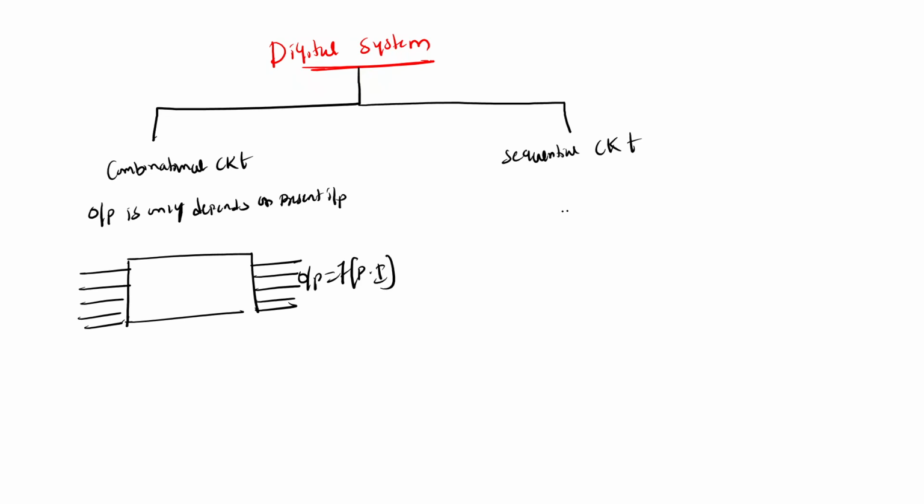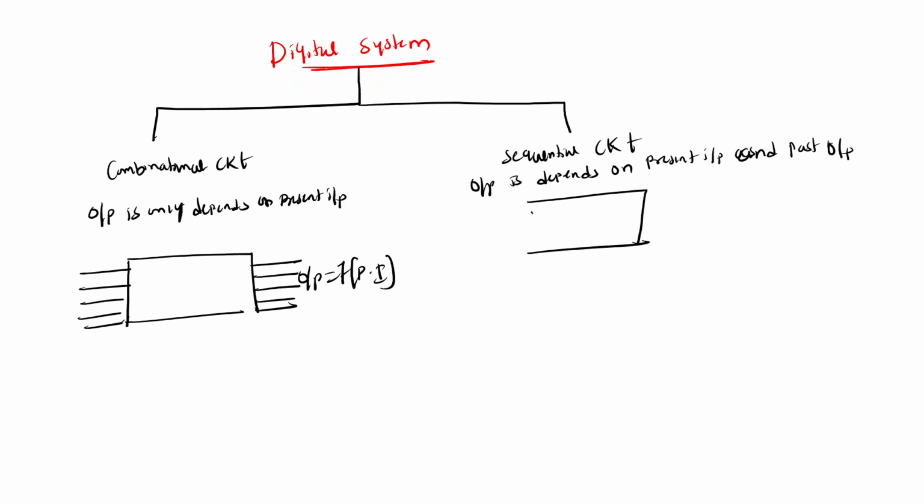And sequential circuits are nothing but, the output depends on what? The output depends on the present input as well as past outputs.